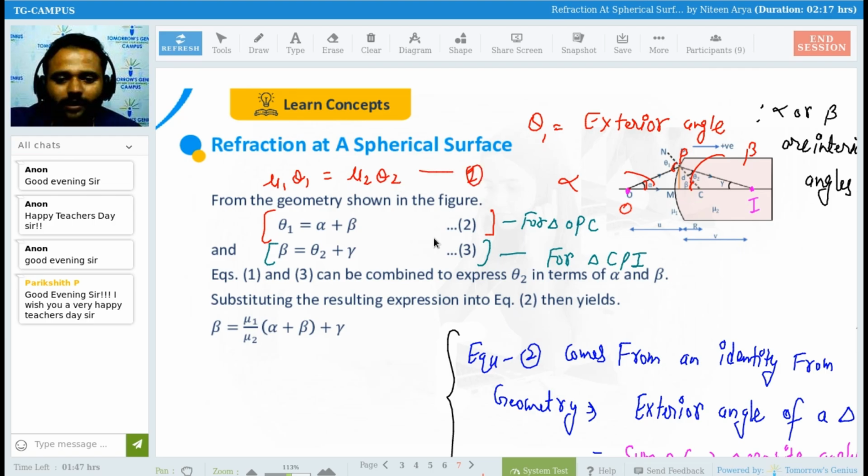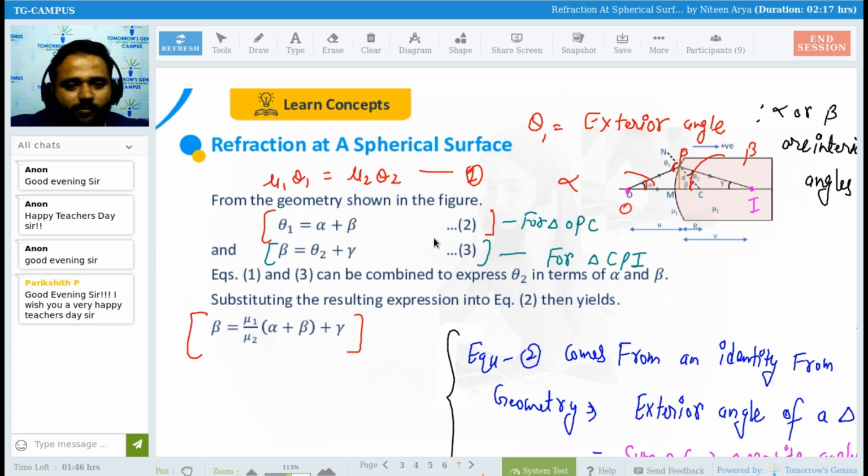Theta2 I can write as beta minus gamma, and substituting this, we will get the result. I am not writing that particular step. First of all, put theta2 in equation 1, which is mu1 theta1 equals mu2 theta2, with theta2 as beta minus gamma, and just put the values of theta1 and theta2 in this equation 1. You can understand it in this way also. Clear?